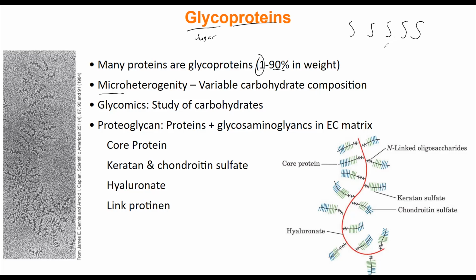The different modifications are all going to be the same, but the sugars are going to be different. So let's say you have a triangle, circle, circle, circle here. Let's say you have a square, triangle, circle, triangle, where triangle, circle, and square are all different sugars. So this is microheterogeneity. You have the same copy of the protein, they can just have different sugars on it.